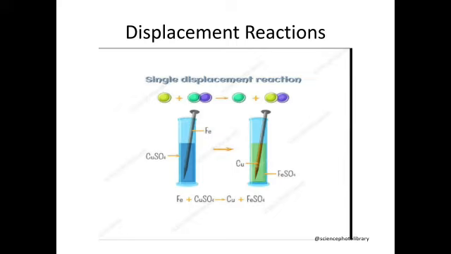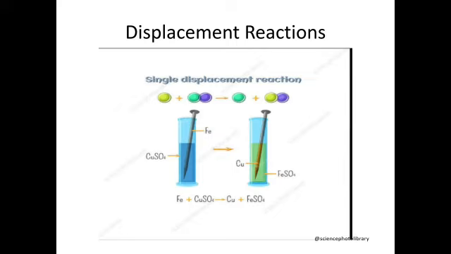So the chemical reaction indicating this displacement reaction is given below. Look at the given equation. You can see Fe plus CuSO4 gives Cu plus FeSO4. One thing you should keep in mind is that the metal or element with high reactivity can only displace another element from its compound.